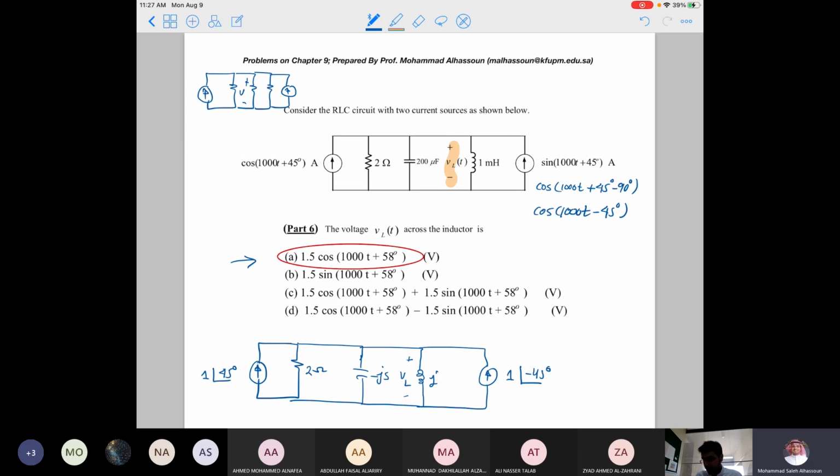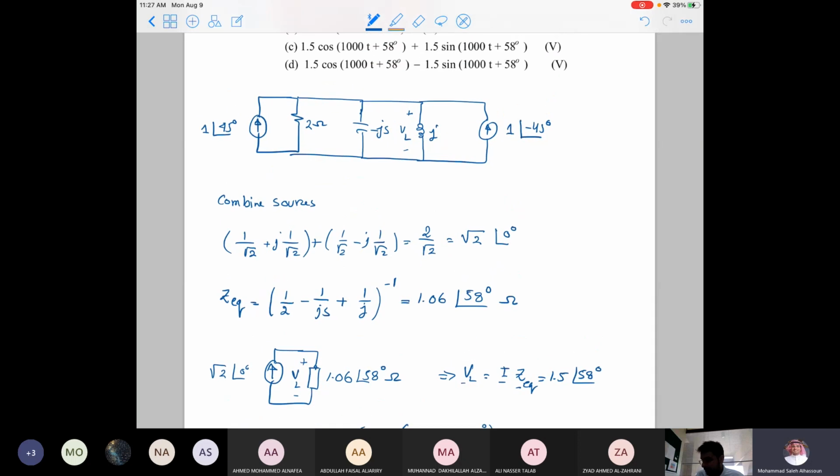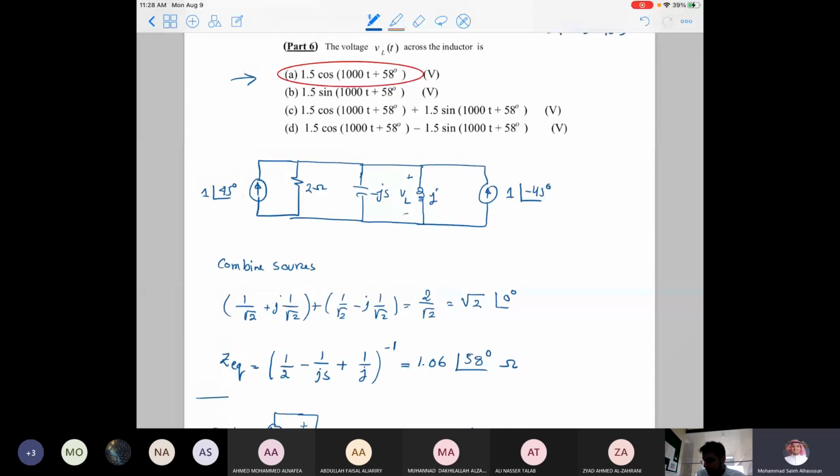If you solve for it and you're stuck, say, at this point, you can probably eliminate C and D, and you will have a 50% chance of getting it right.